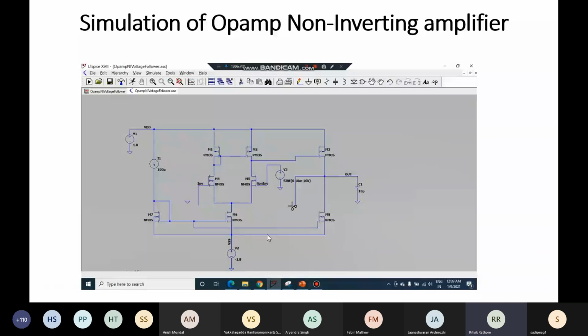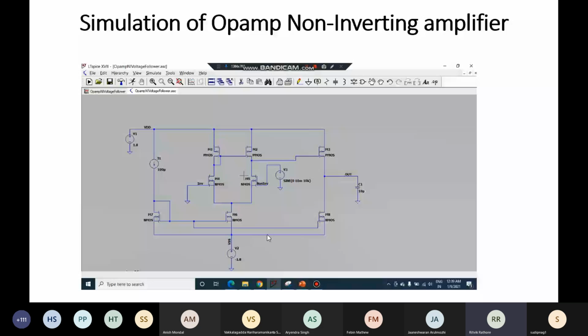I'm just cutting out the feedback connection, and now connecting the inverting terminal to ground. Now our op-amp is open loop. The circuit should now behave as a comparator instead of an amplifier.